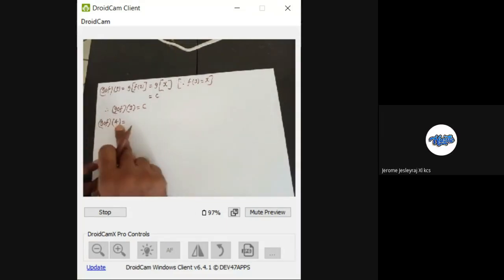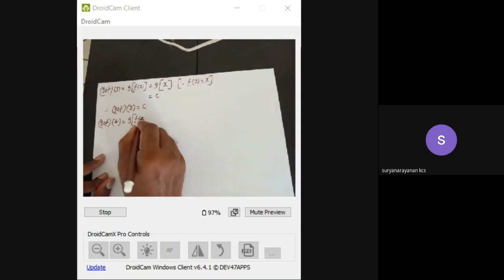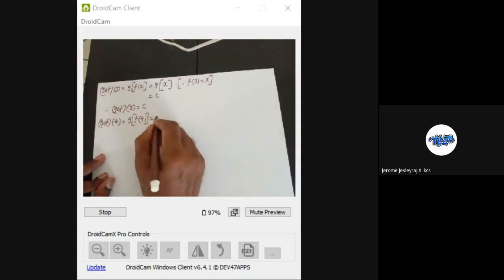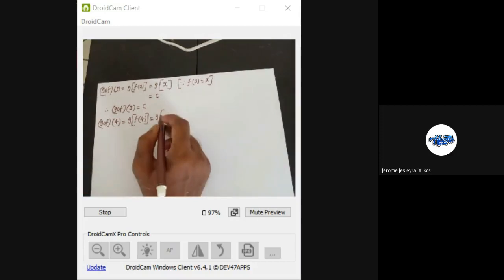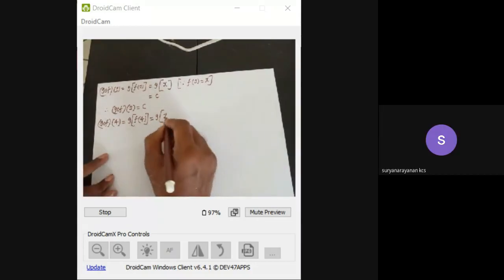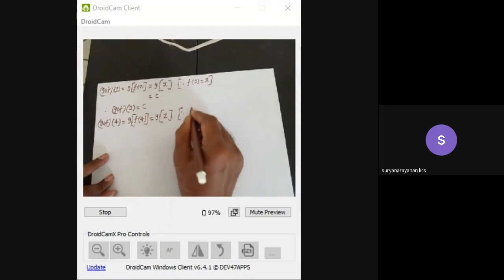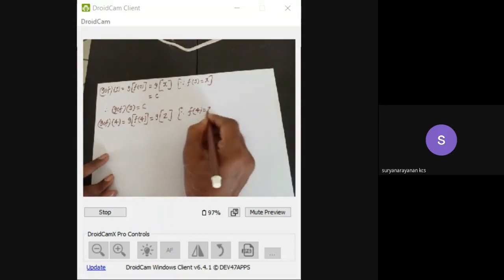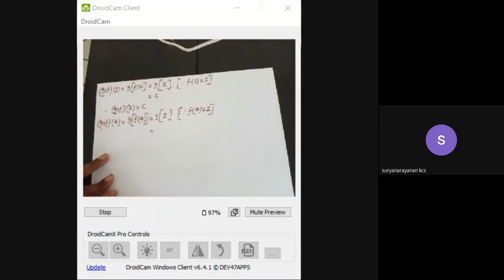F of 4 is equal to G of f of 4. F of 4 value is Z, because f of 4 is equal to Z. Okay. Now G of Z.